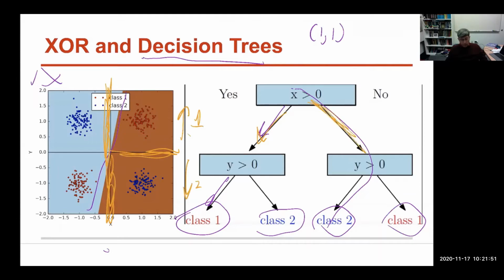If we now look on the other side of this boundary, if we do the test of y equals 0, if y is greater than 0, we say that it's class 2. Otherwise, we say that it's class 1. Any questions? It should be clear that exclusive OR is hard for linear classifiers, but there certainly exist simple decision tree models that can do it. Any questions about decision trees?